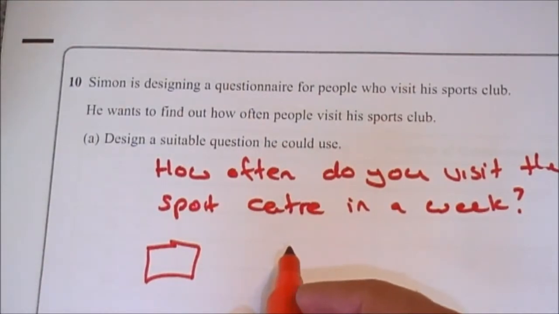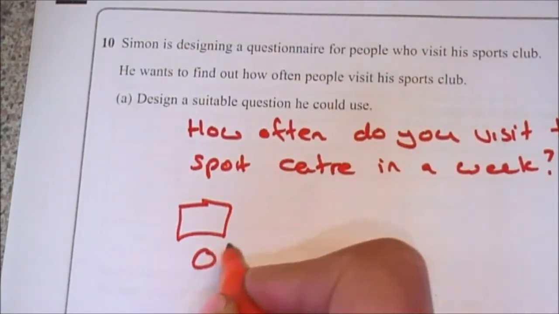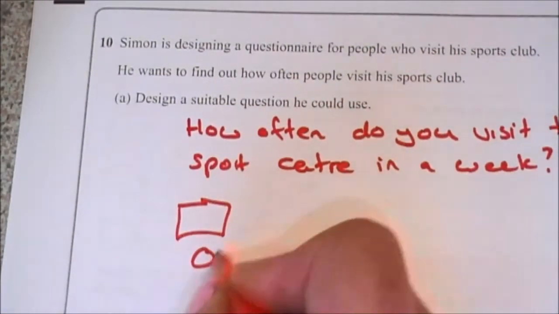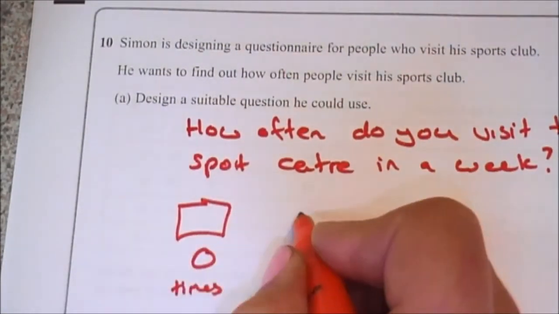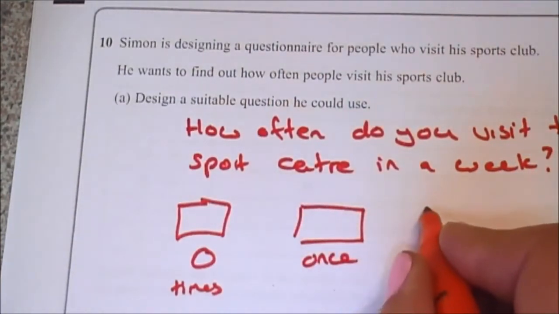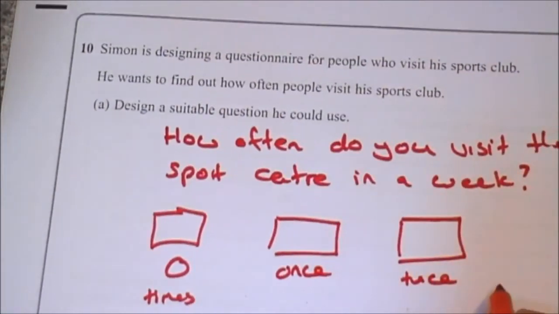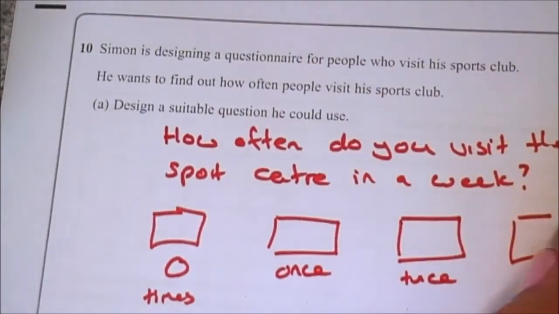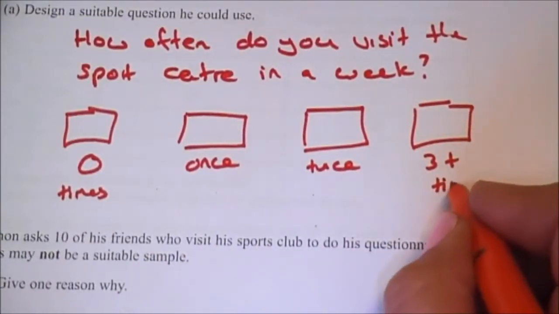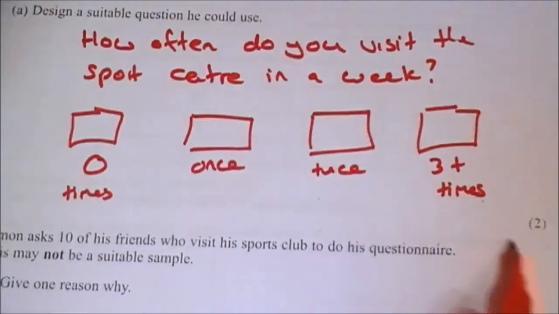I need 3 boxes that don't overlap, so 0 times, once a week, twice a week, 3 or plus times a week. So that's your 2 marks.